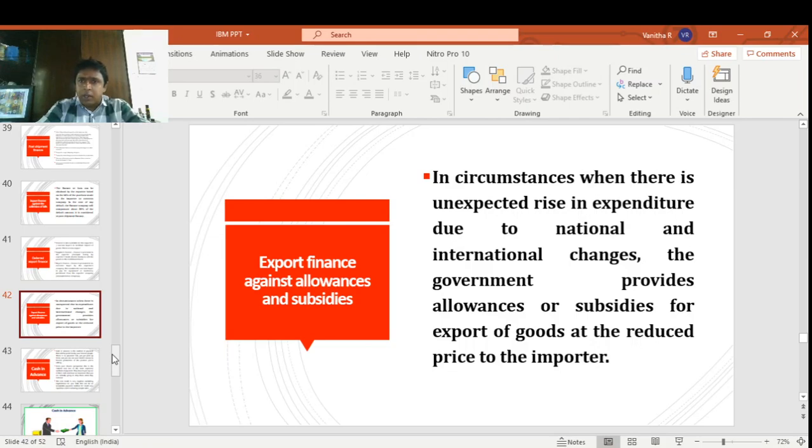In such a scenario, imagine the companies who are selling their products and goods to other nations. They are really going under loss. So at this time, China has been announcing several schemes, subsidies, and allowances to them, not to pay any tax, and all this.